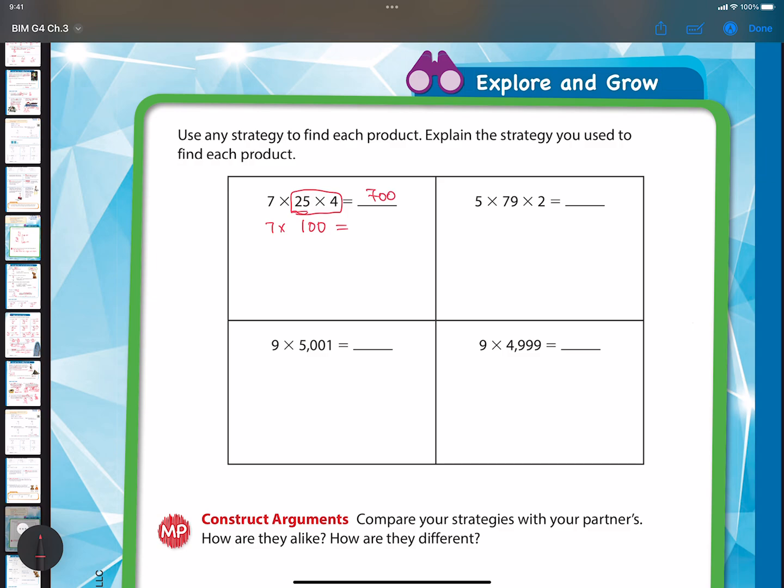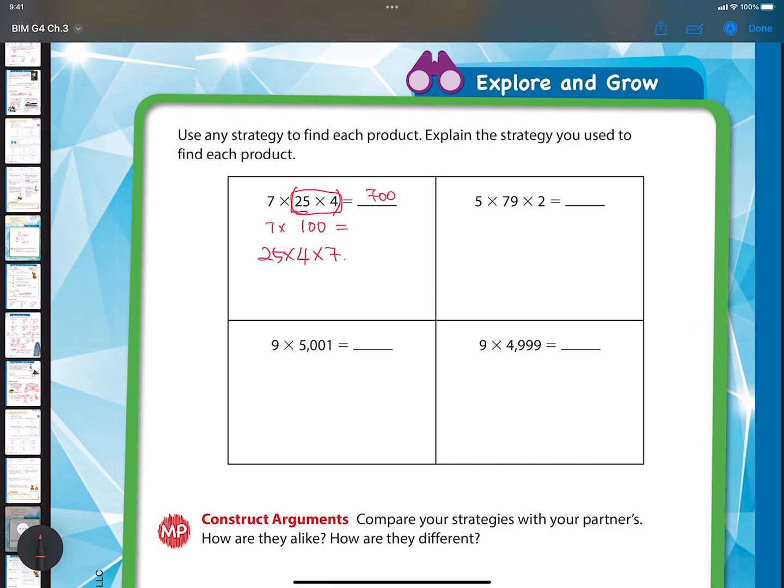In other words, this is what I did, associative property of multiplication, right? But there were no parentheses, so maybe I can say commutative as well, because I can change the order of multiplication to 25 times 4 comes before times 7. So we can say commutative.